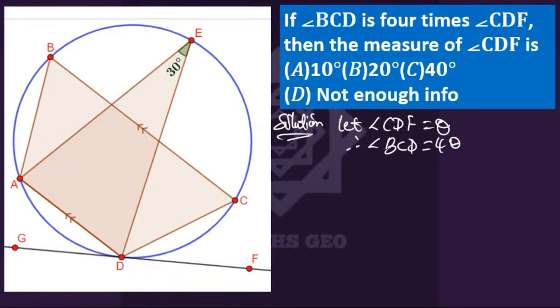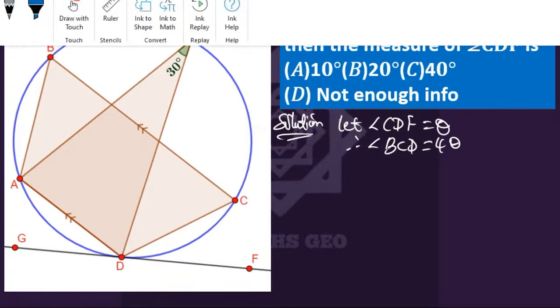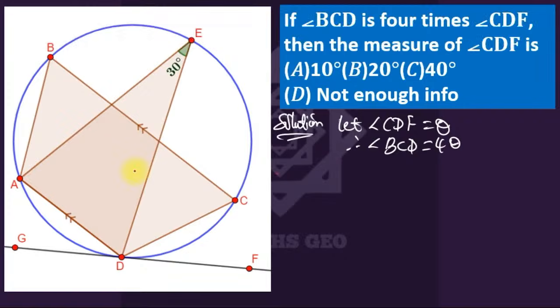So let's go to the diagram. So as you can see, I'm seeing a cyclic quadrilateral, and also I'm seeing an inscribed triangle and a tangent line. So from here we see that this angle should be 30 degrees, yes, by alternate segment theorem.